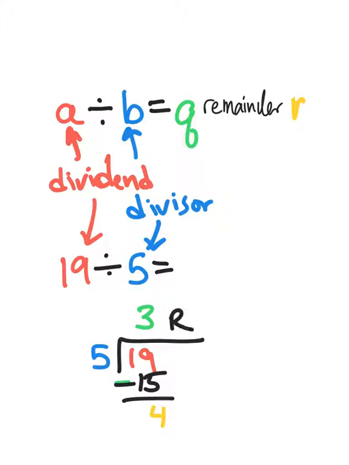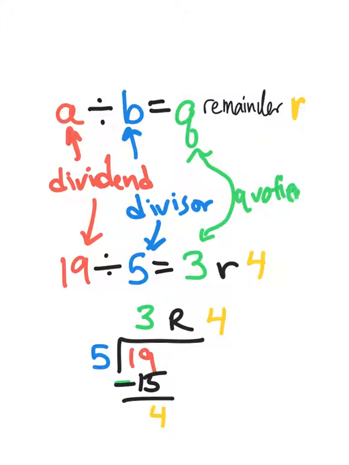And so I'll put a remainder 4. So 3 remainder 4. 3 with a remainder of 4. So this quotient is 3 in this case. And the remainder is 4.